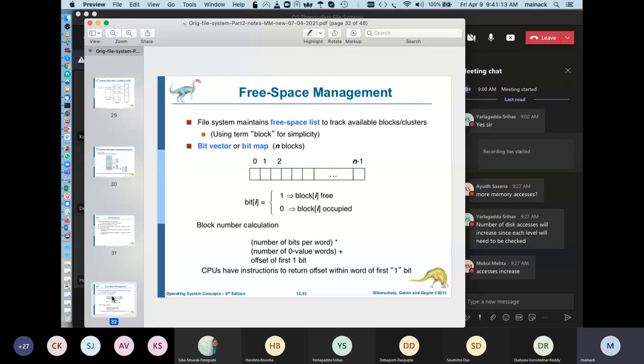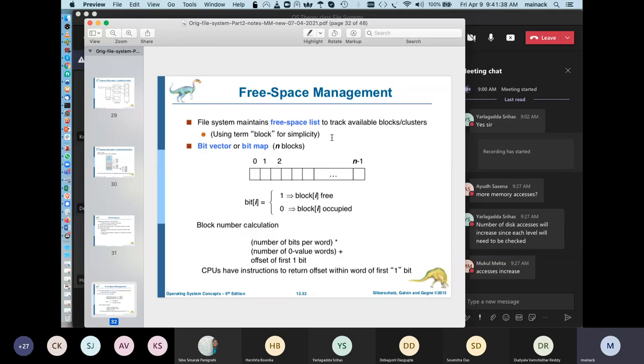This free space list records all the free disk blocks, that is, those that are not allocated to any file or directory. We will use the term blocks here for simplicity, but often in the operating system, they consider clusters of blocks or groups of blocks for ease of maintaining this free space list.